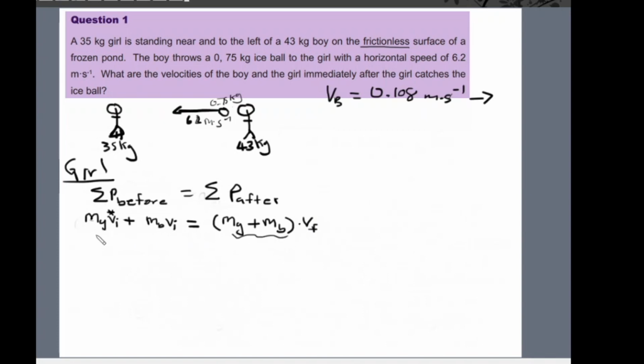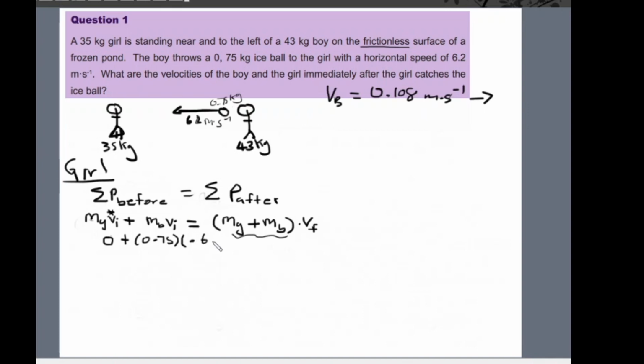After collision, now they are one system. Okay, so before collision, the girl is stationary, right? The girl is stationary and the ball is moving. So the initial velocity of the girl is 0, which means the initial momentum of the girl is 0, right? And then before collision, the mass of the ball is still 0.75 kg, and the ball is moving to the left towards the girl at a speed of 6.2 meters per second, right?